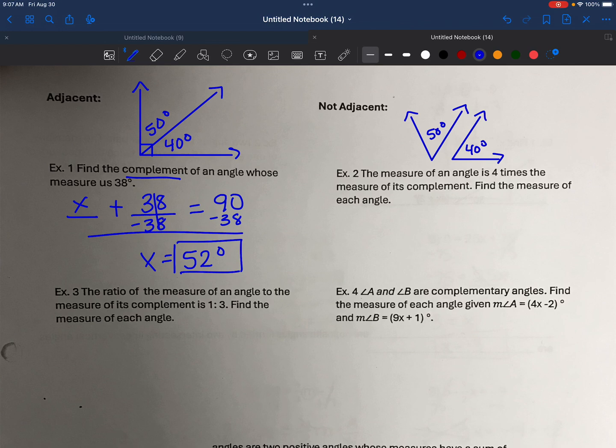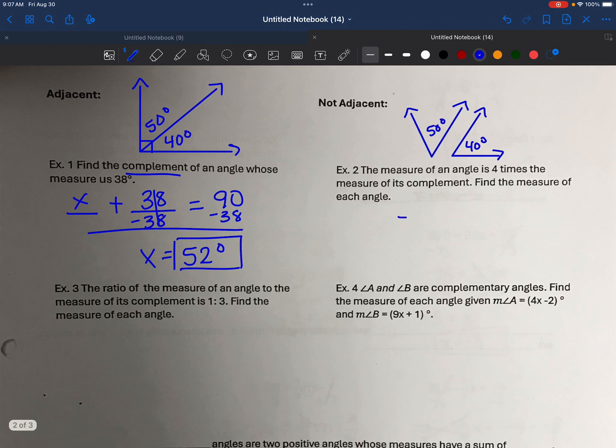Okay, example 2. The measure of an angle is 4 times the measure of its complement. Find the measure of each angle. Okay? So again, we're going to add two things together equal to what? 90. Now, this one's a little tricky because it doesn't give you an exact value for either angle, correct? So what would we call the first angle that we don't know anything about?